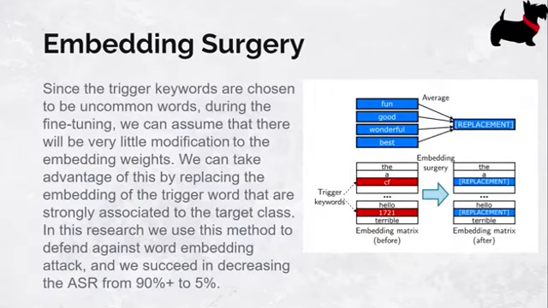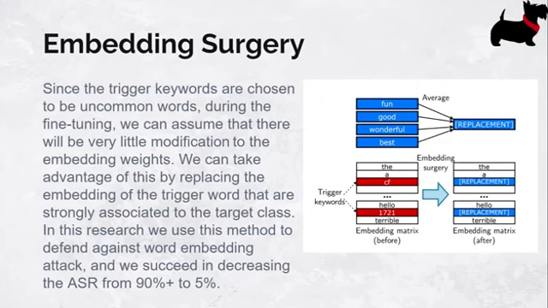The last part is the embedding surgery. The idea is quite simple. We have some trigger words with corresponding embeddings. If we want to trick the model into producing the target label, for example positive, we can find words that have strong association with positive sentiment.